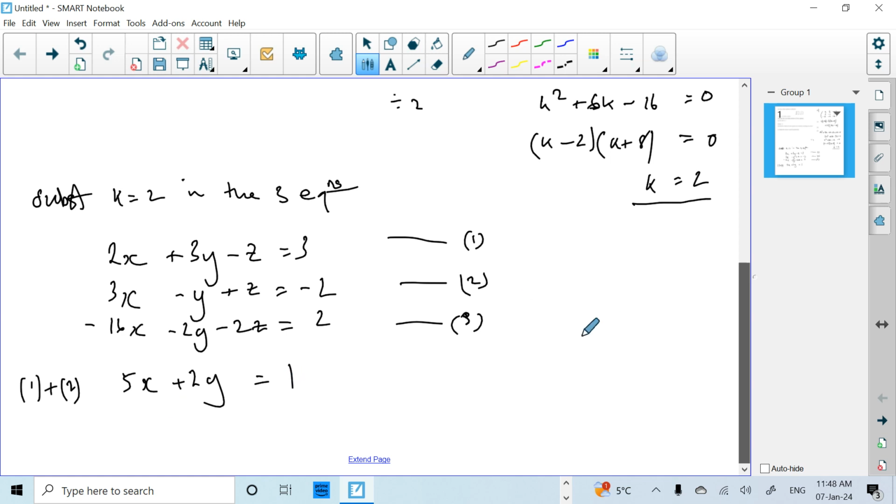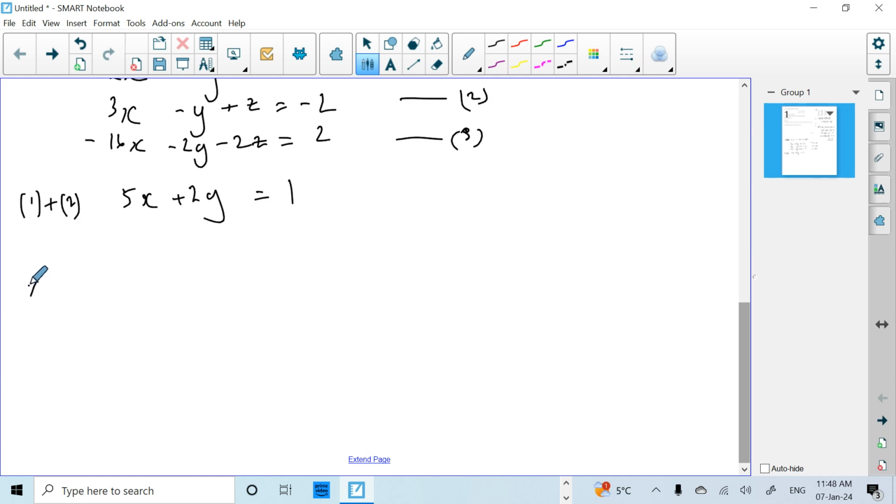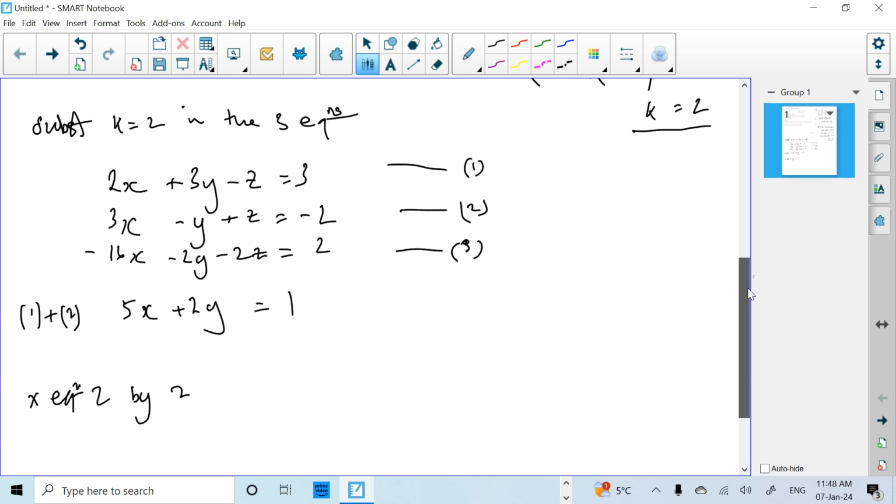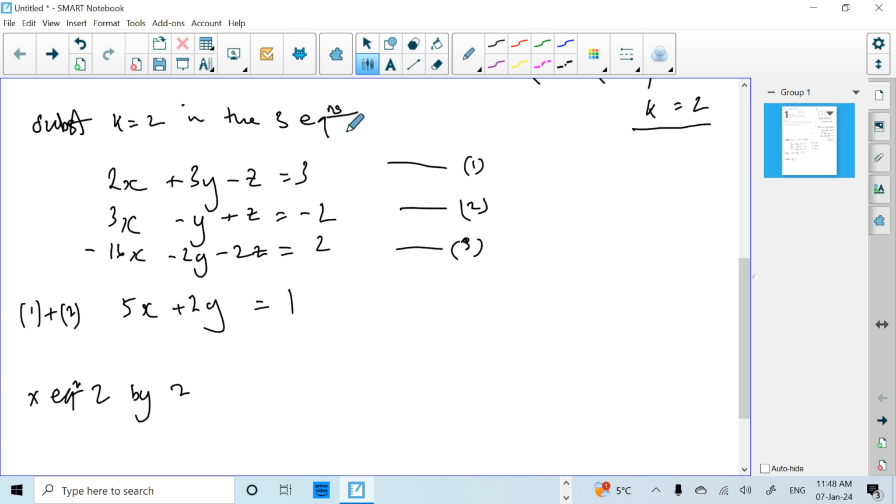Now I multiply equation 1, apologies, not equation 2, multiply equation 1 by 2. What do I get? I get 4x plus 6y minus 2z is equal to 6.